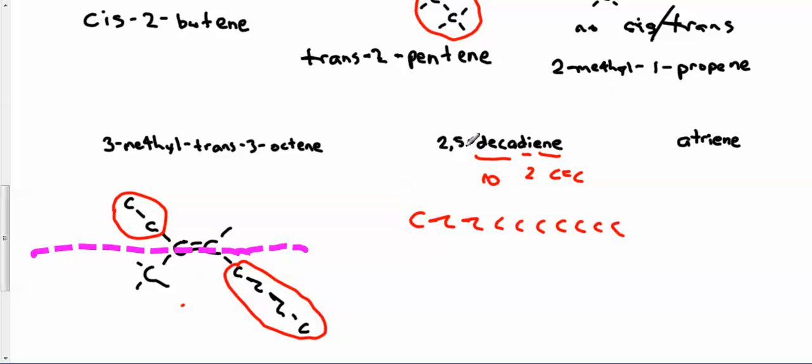I need double bonds off of number 2 and 4. That's this, and then the rest are going to be single bonds that I can draw in, and then I can put in the appropriate number of H's all over the place. But this is the ending I use when I need 2 double bonds. And if you see this ending triene, that means I need 3 double bonds. Why is the A here? It's there to just make it sound better. If there's no A here, it would be dec-diene. Decadiene just flows a bit better.